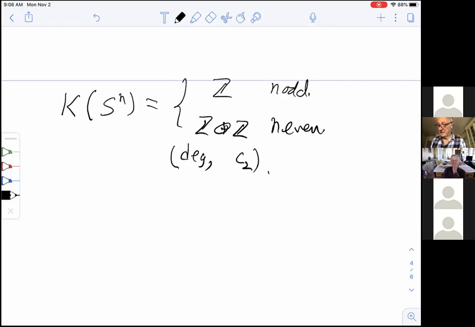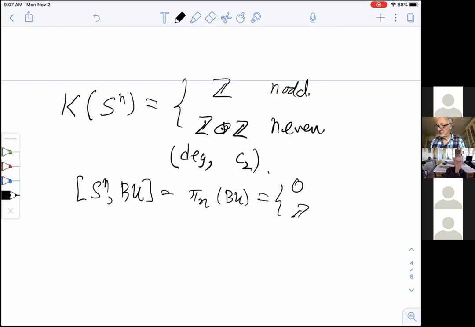And that comes out of the fact that the kernel of the reduced K-theory is simply maps of the sphere into BU, which is pi n of BU, and we know that to be 0 or Z, in odd, in even. And this is the reduced K-theory, the kernel of the degree map on the sphere.